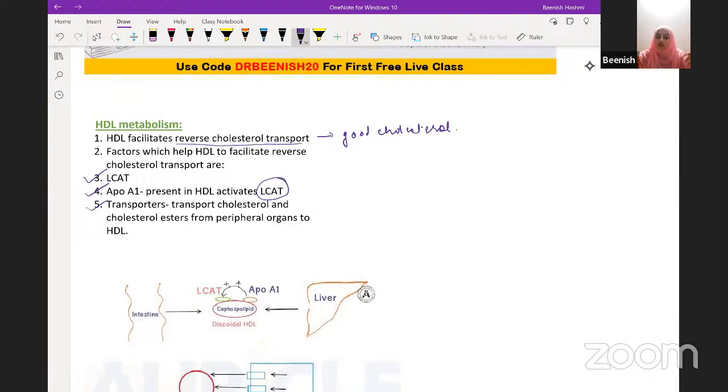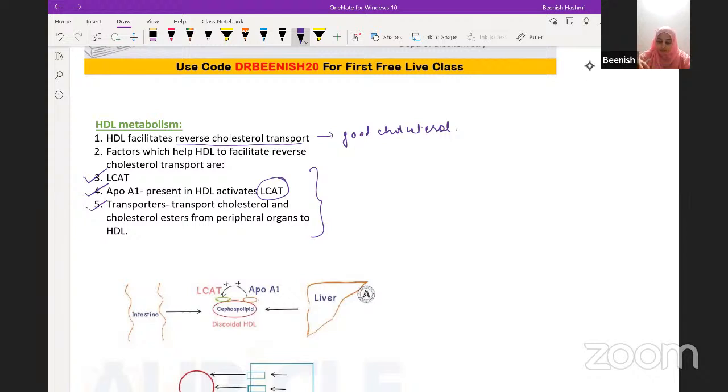These transporters are present in peripheral organs, which help to transport cholesterol and cholesterol esters from peripheral organs to the HDL. So with the help of these 3 functions, the HDL is able to carry out its function of reverse cholesterol transport.